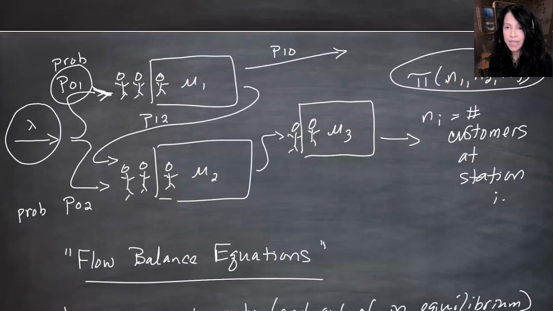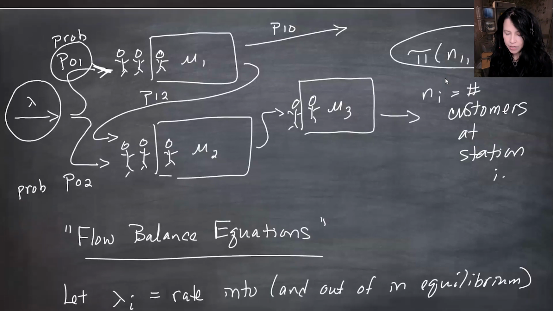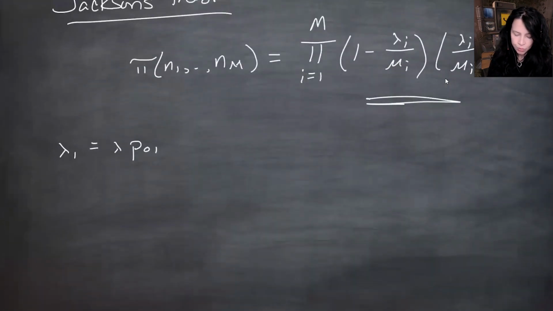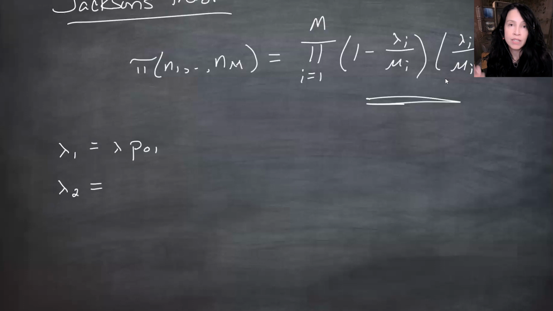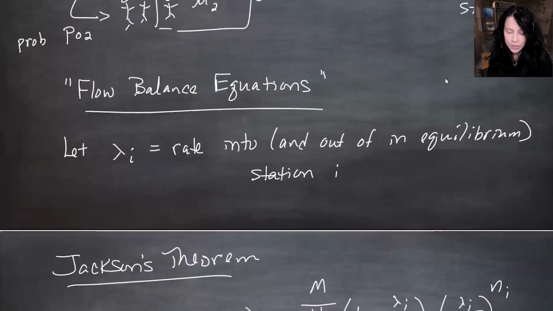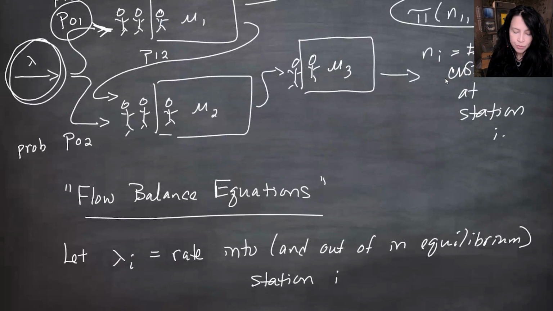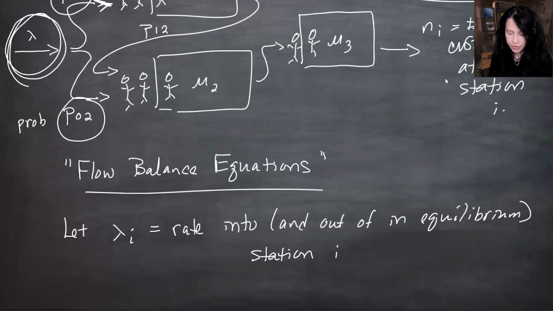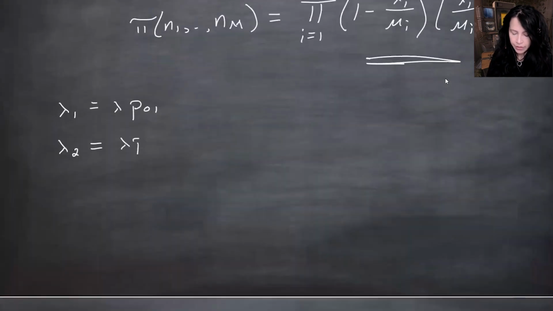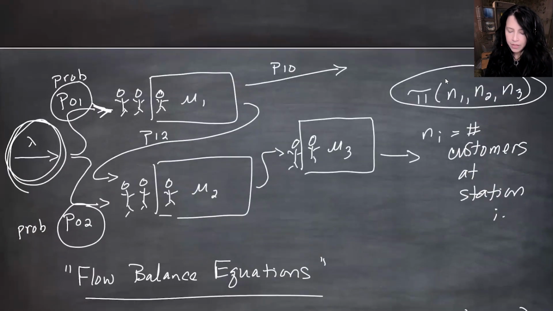But server 2, we got some feedbacky kind of stuff going on. So the rate into server 2, or out of, whichever is convenient for you to think about, in equilibrium they should be the same, is going to be the external rate thinned down by this probability P02, plus this line right here.